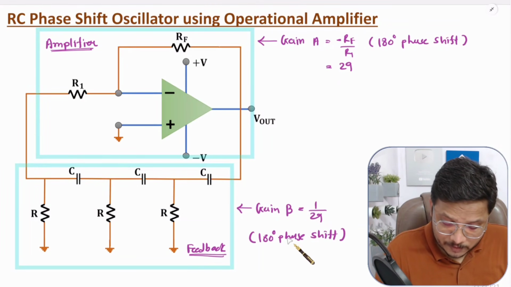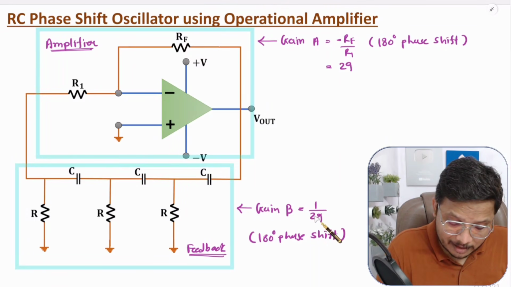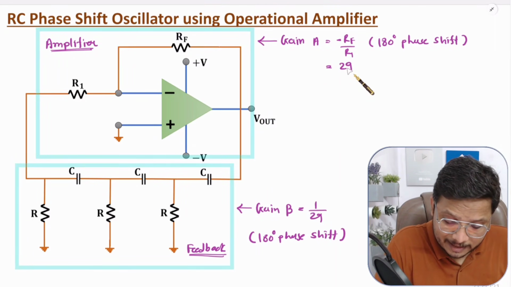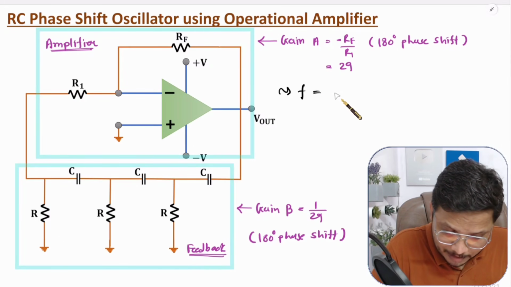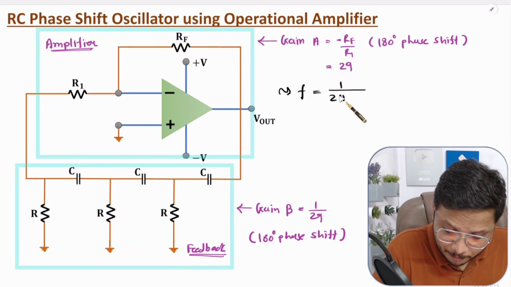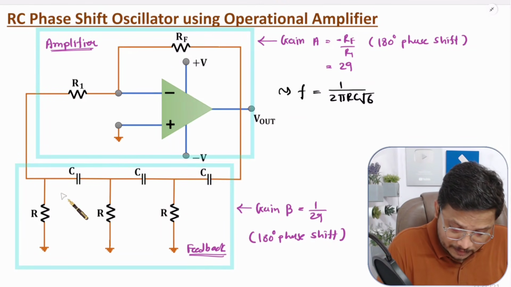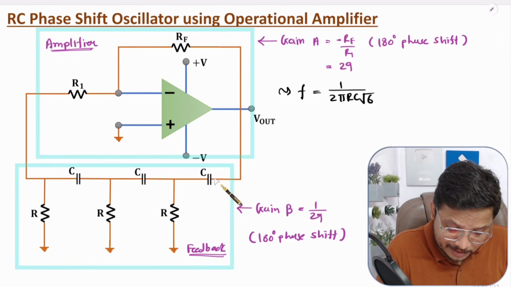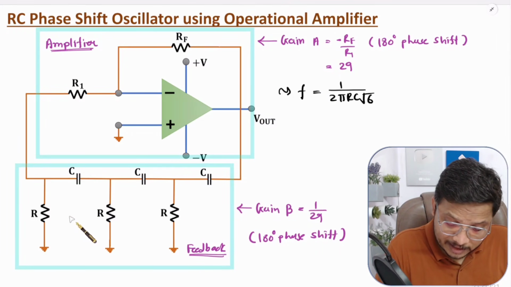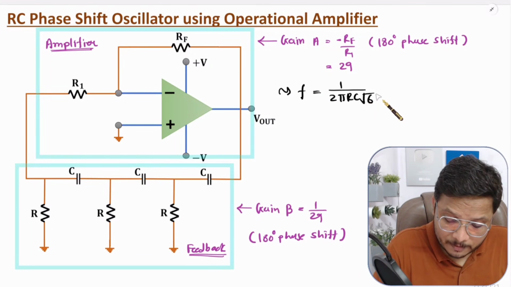If you select this RC combination in such a way that the gain is 1 by 29 and A is 29, in that case there will be oscillation, and the oscillation frequency, if I say it is F, will be 1 divided by 2 pi RC into square root of 6. Here, if you observe, we have an RC combination with 3 stages of RC, and for 3 stages of RC the frequency is 1 divided by 2 pi RC into square root of 6.